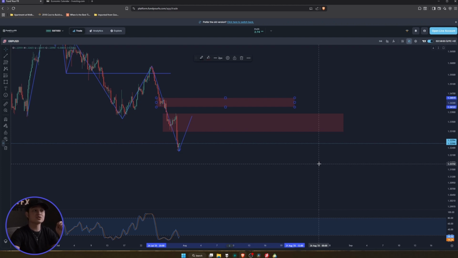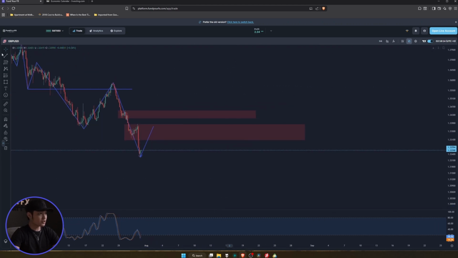That's our second supply area. The price on the pound dollar should be rejecting on this zone. So if the price really fails to make a pullback on the first supply area, the structure should look like this. Maybe it makes an ABC correction and then continues its bearish momentum.